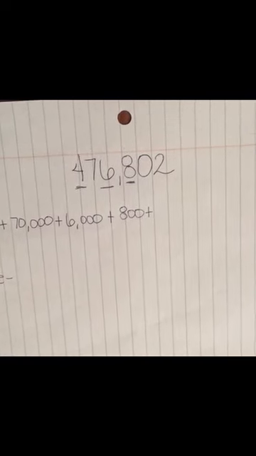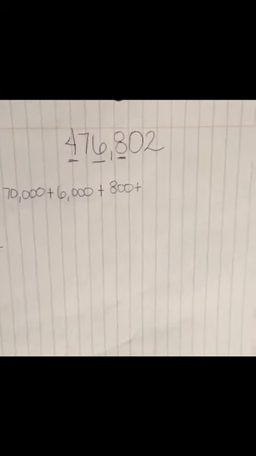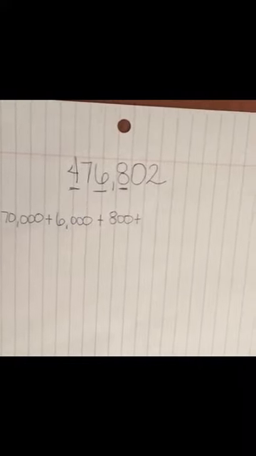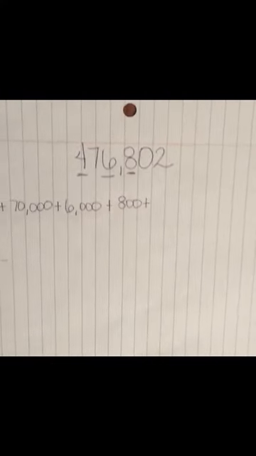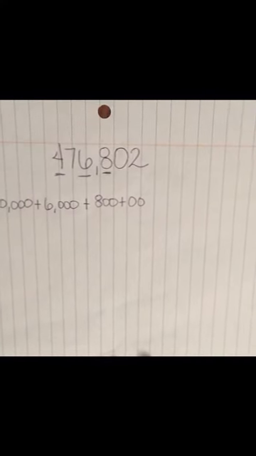Now, sometimes students like to put a 0 in just to show that they're going through all the place values. That is perfectly fine. They can either put nothing, they can put a 0 in its place, or I get a lot of students who like to put, for instance, this is in the tens, so they just put 0, 0. Really, it's fine.